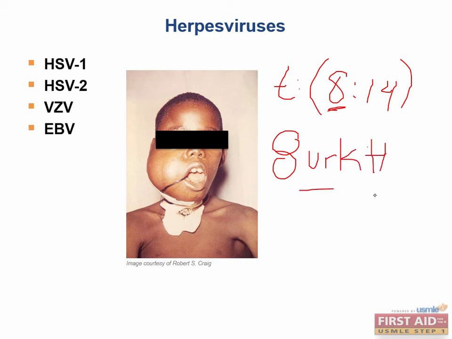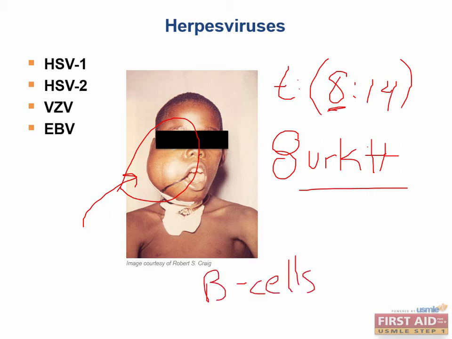Very good. The tumors in Burkitt's are endemic to Africa and usually are seen in the face, as we see in this child. The solid tumor right here is actually composed of mainly malignant B cells. And that makes sense because we remember EBV infects B cells through the CD21 receptor. The other cancer associated with EBV is nasopharyngeal cancer, often seen in populations from Asia.